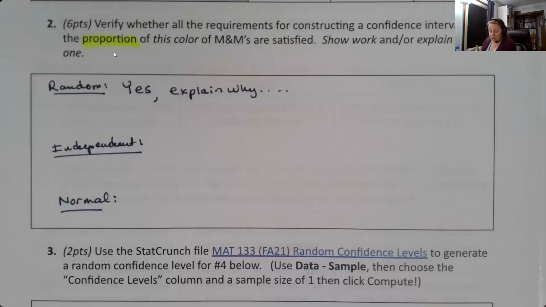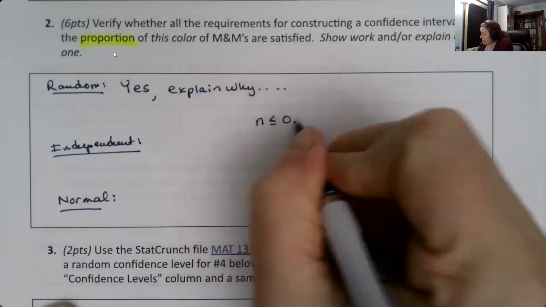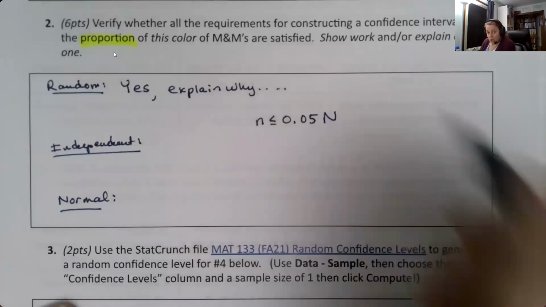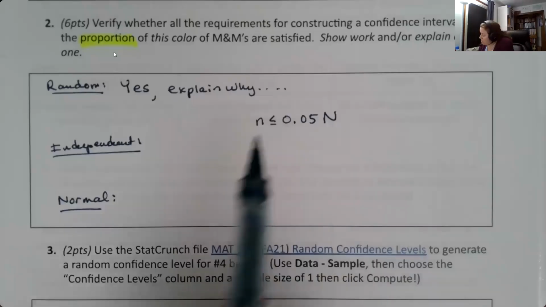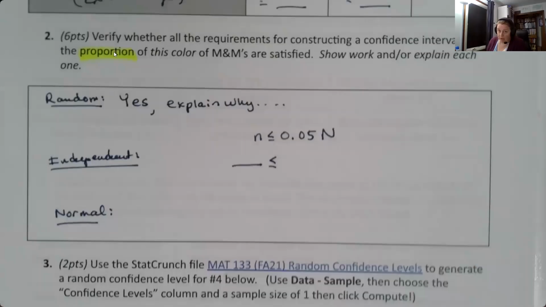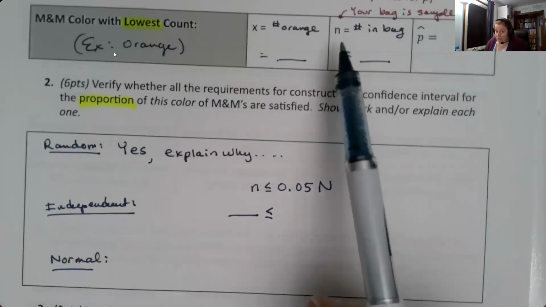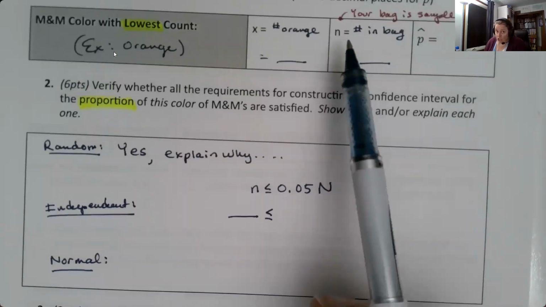All right, next, independent. Now, it happens in this course a lot of the time that we don't know capital N. Now, here's what we do know. Everybody hear me now. You wrote right up here, little n. Use it.